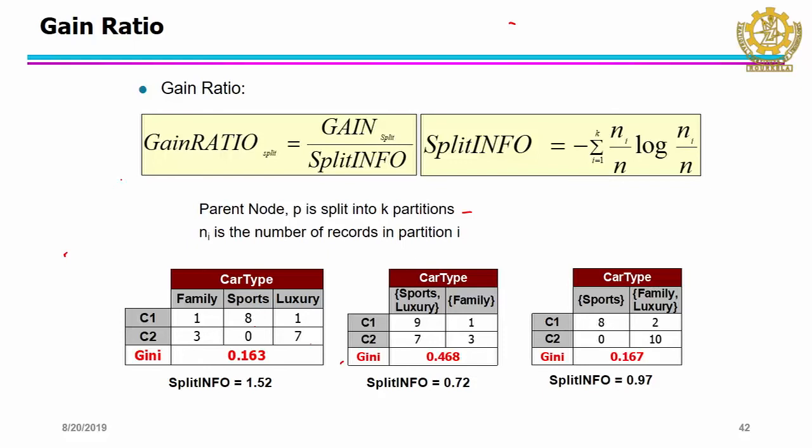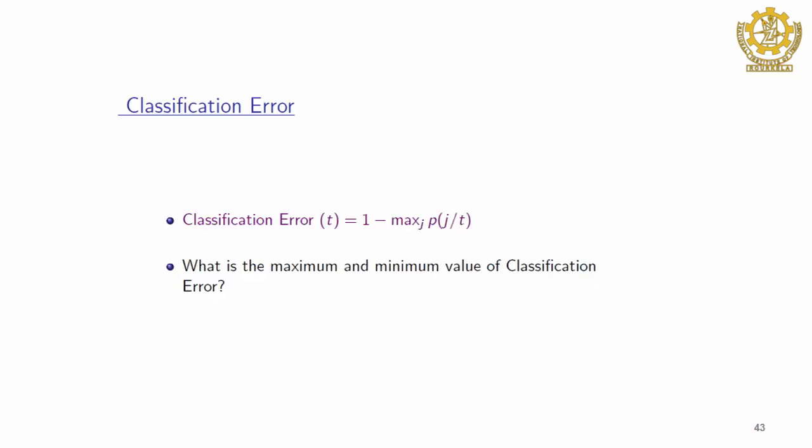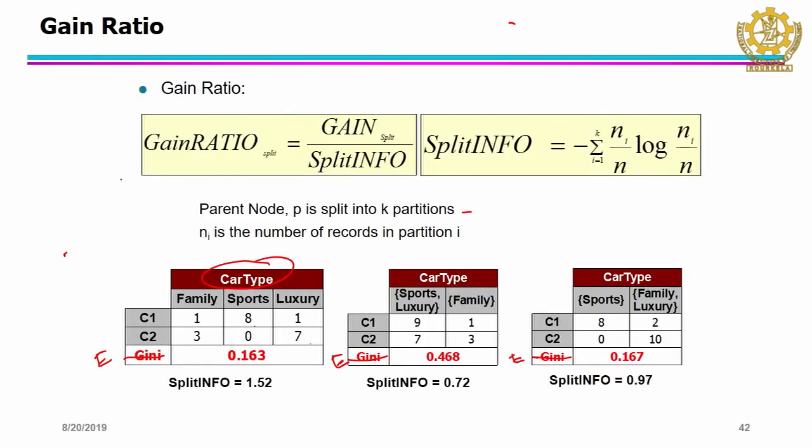Next we can see one example here with the gain ratio. Here we have the 3 cases. It is a card type here you can see. Instead of Gini you can consider entropy. And then split info, we will get the split info 1.52, here is 0.7.